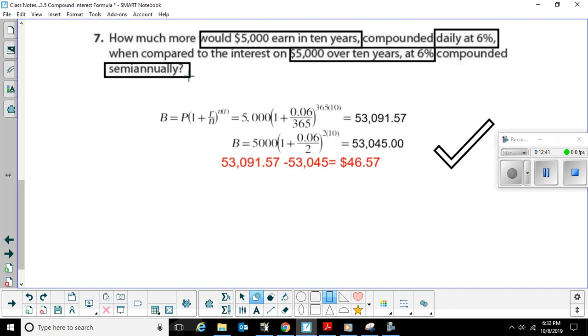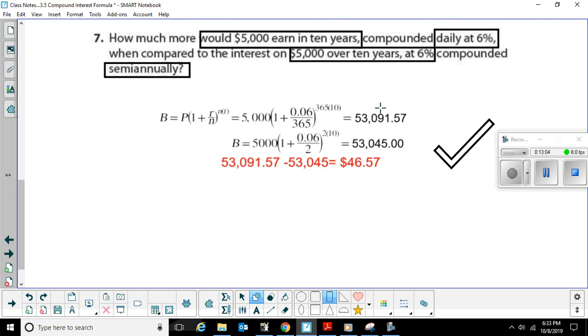Okay, well, let's run our numbers. So if I'm compounding daily, I know I got 365 as the compounding number. When I'm compounding semi-annually, I'm going to use 2 as my compounding number. We're both going to be doing it for 10 years. We're using the same rate, and we're starting with the same principal.